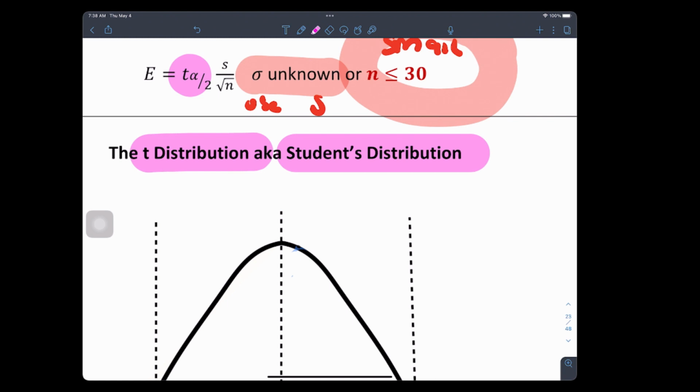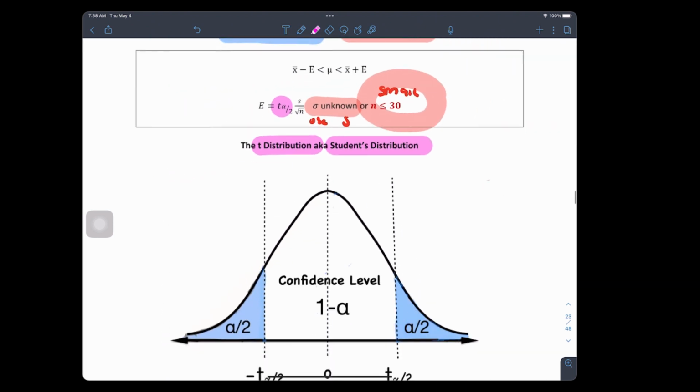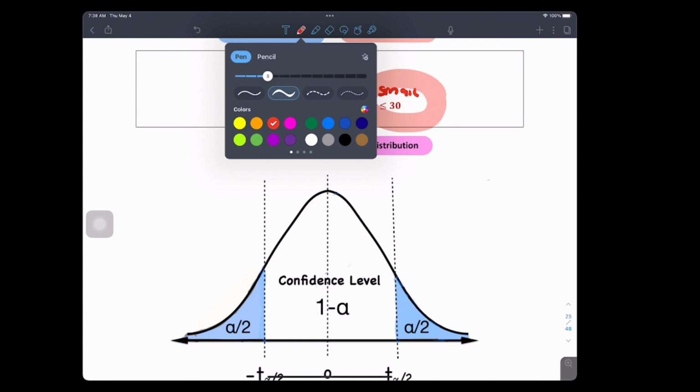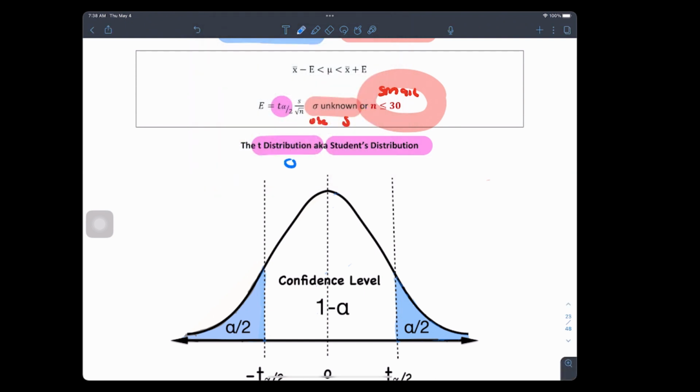So when you have an unknown population standard deviation, you're going to use the t distribution, not the z distribution. And the t distribution is known formally as the student's distribution. Now, this is the name of it.